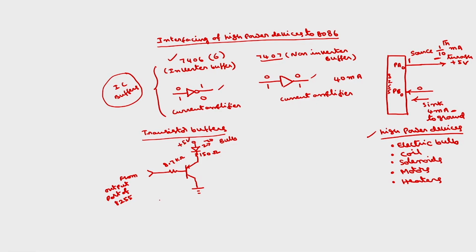Now the advantage of this setup is that it is using an NPN transistor. If it is PNP also, a similar type of configuration will be there, only the resistor values will be different, and the connections are somewhat different. Collector is connected to plus 5 volts, emitter is connected to the LED, this is 150 ohms, this is also from the output port.